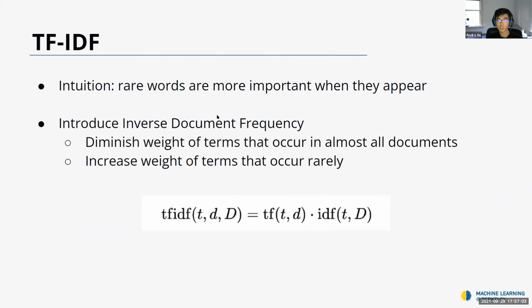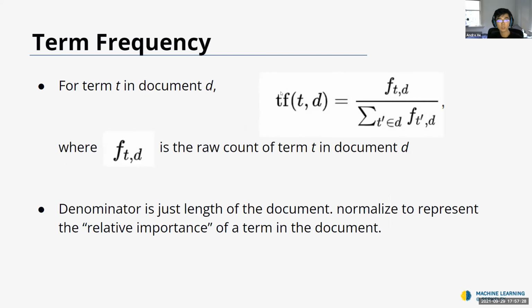And here, what inverse document frequency means is that we want to diminish the weight of terms that occur in a lot of documents, and we want to reward terms that occur very rarely. Term frequency is the raw count of a particular term in your passage.